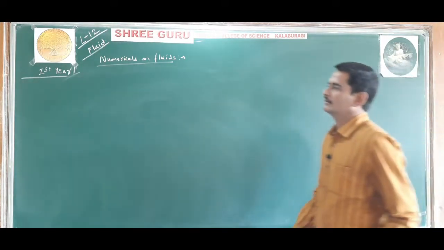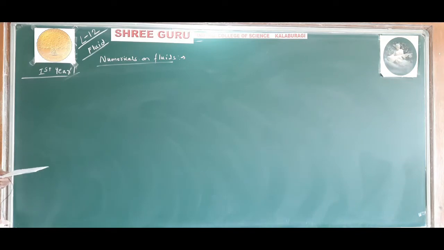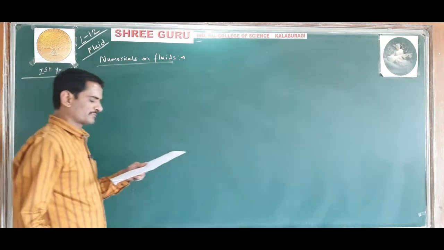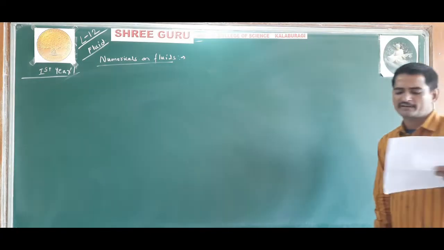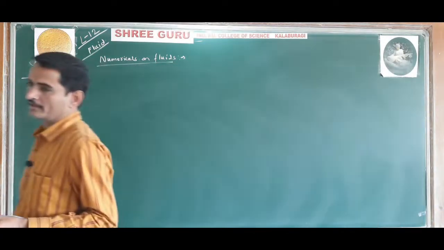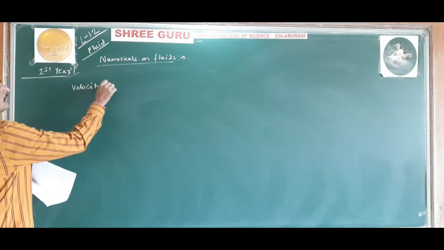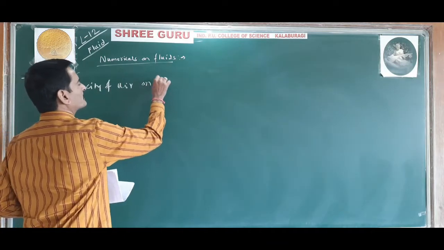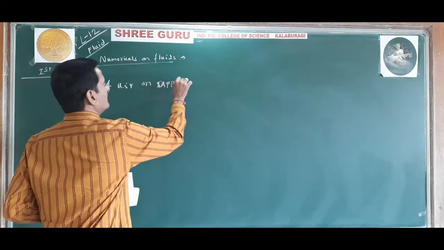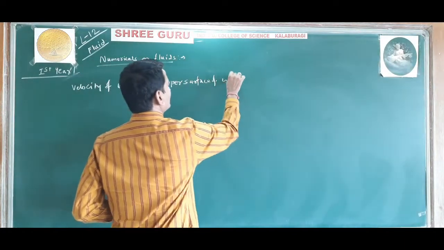Understood in physics. So what is given? In a test experiment on a model aeroplane in a wind tunnel, the flow speeds on the upper and lower surface of the wing are 70 meter per second and 63 meter per second respectively. It is velocity of air on upper surface of wing.